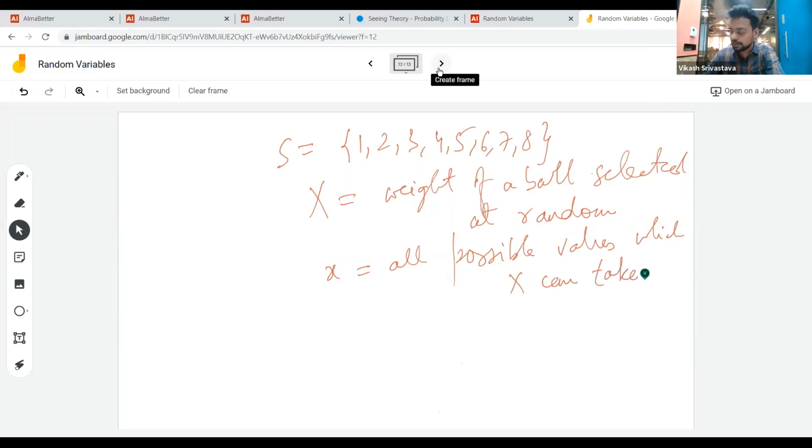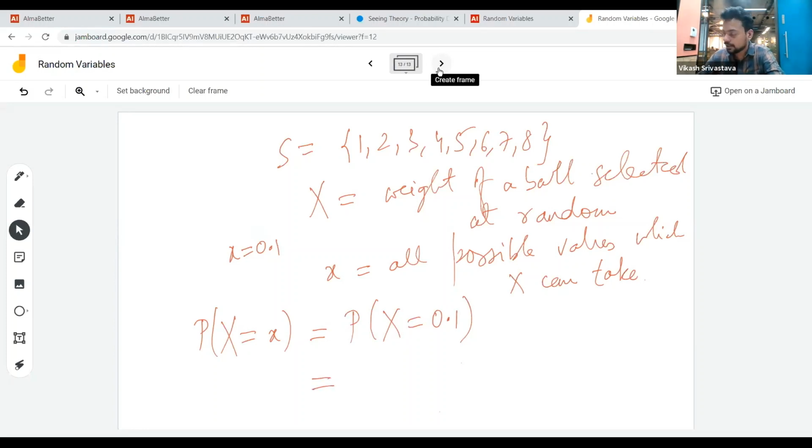When you write capital X is equal to small x, this means that, in our case, if x takes the value 0.1, we can write the probability of capital X is equal to 0.1. What does this mean? We can in fact calculate this probability.